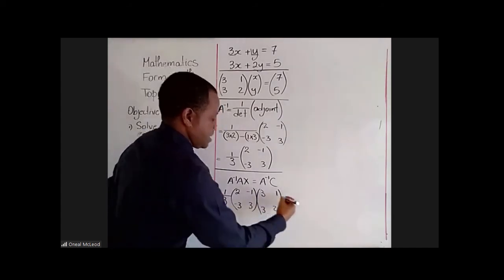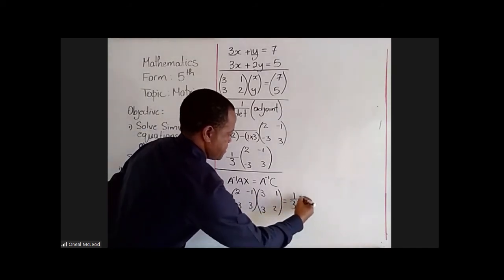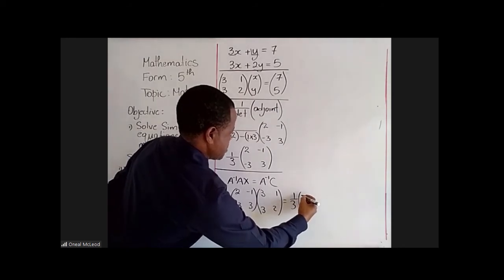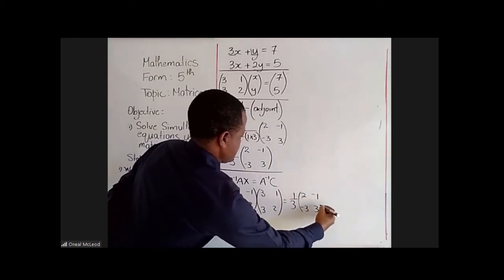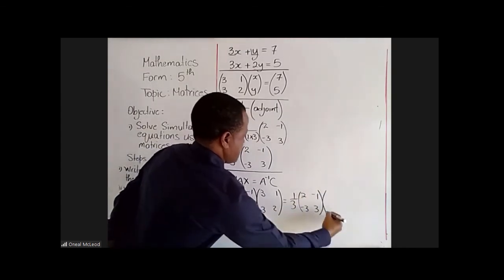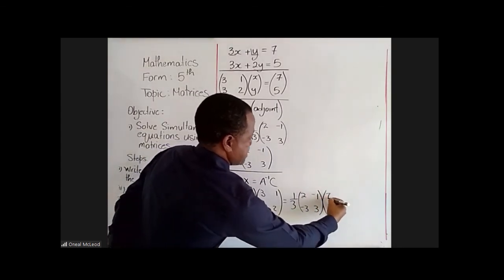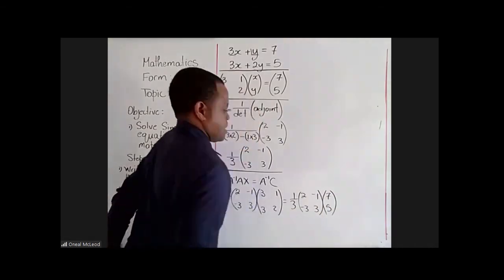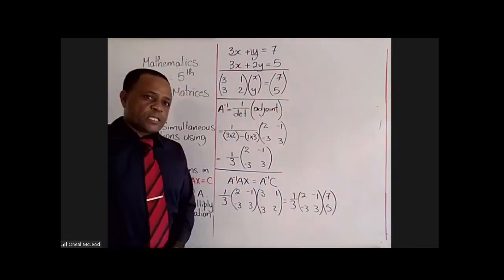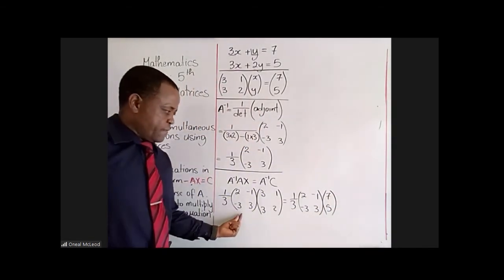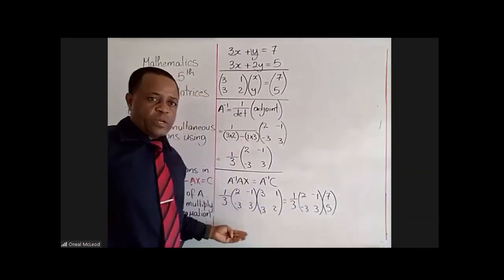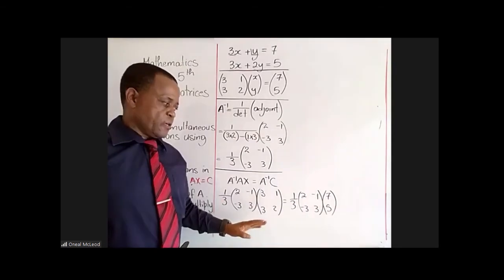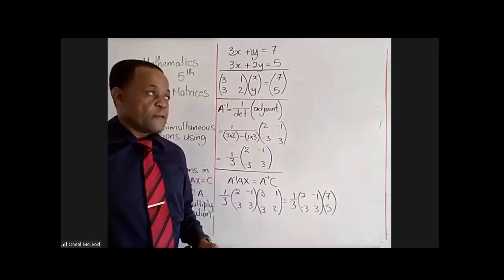And that is going to equal A inverse, which is 1/3 of 2, -1, -3, and 3 times 7 and 5. That's how you would normally set it up. So you're using the inverse to multiply both sides of the equation.